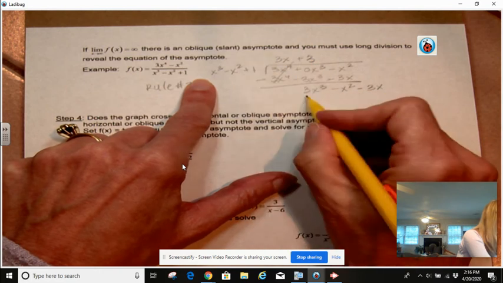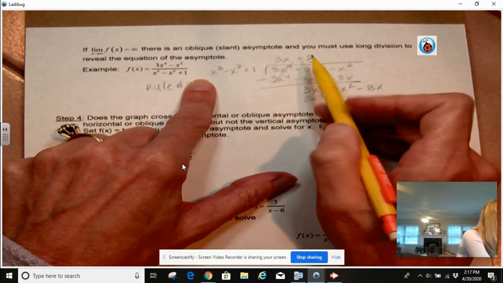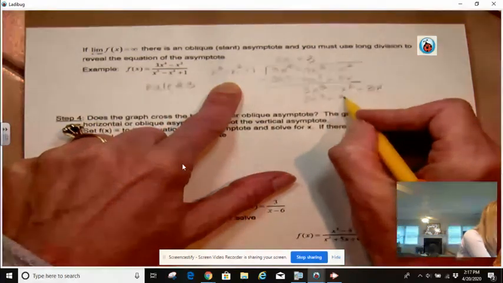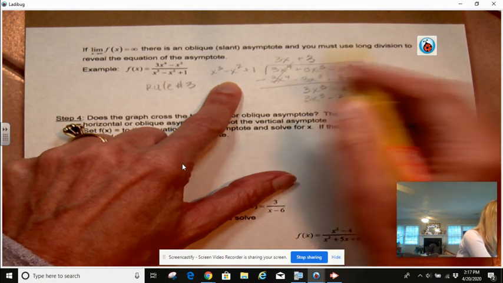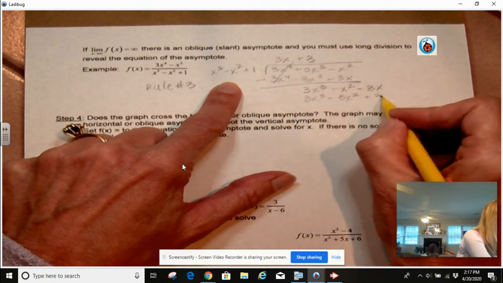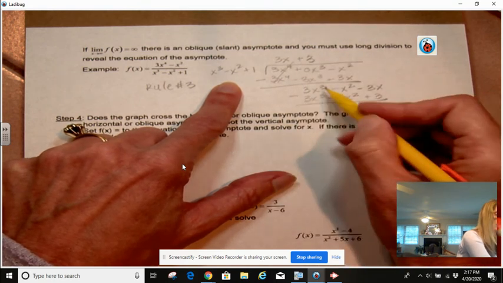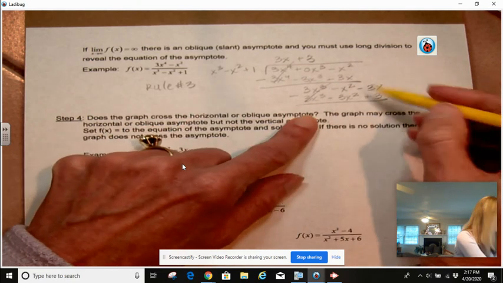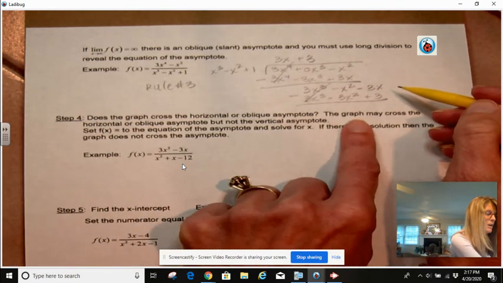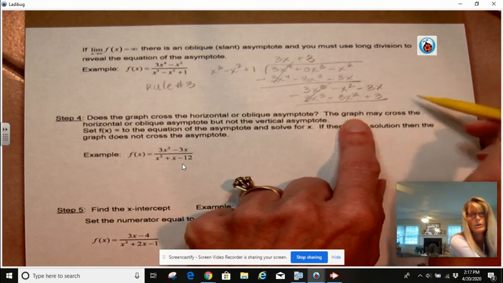3 times x cubed is 3x cubed. 3 times negative x squared is negative 3x squared. 3 times 1 is plus 3. Subtract, that goes away. We can really stop here because we don't have anything else to bring down.